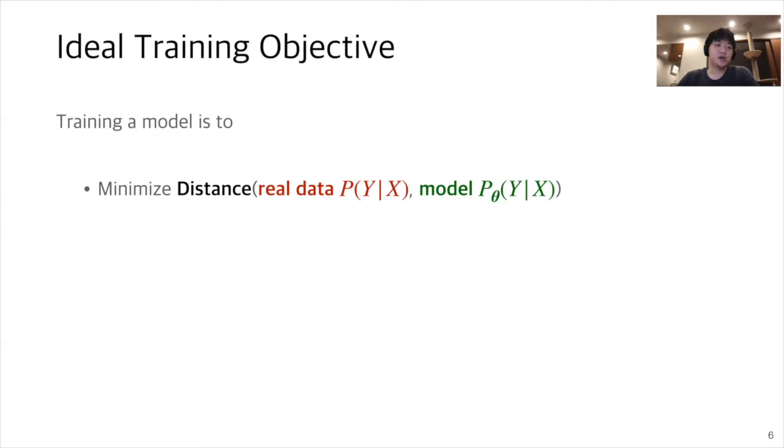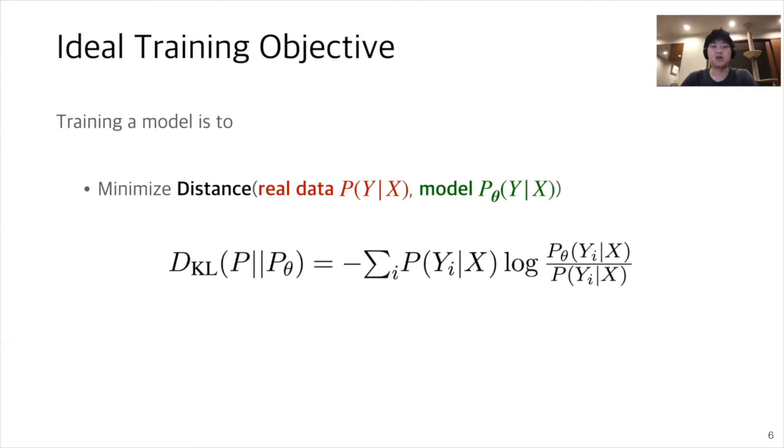The ideal training objective to train a dialogue system is to minimize the distance between the real data probability distribution P of y given x and the model's probability distribution P theta of y given x, where theta is the model's parameters. And this distance can be measured by the KL divergence.